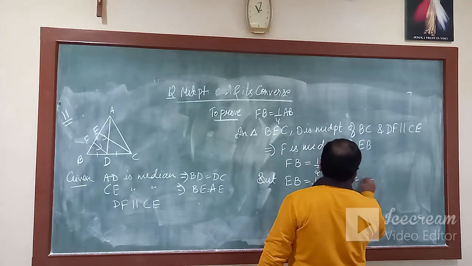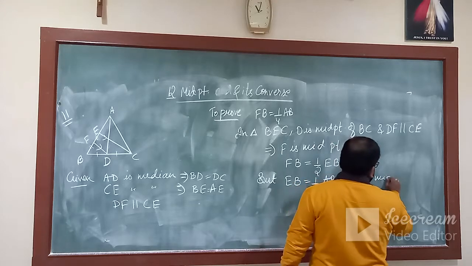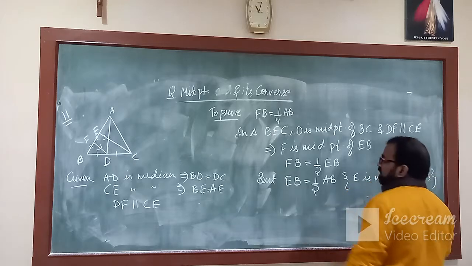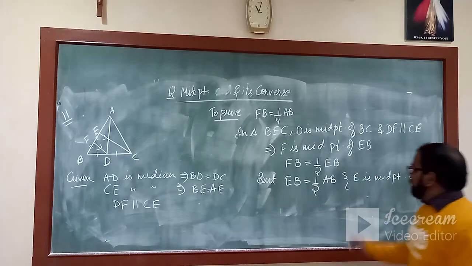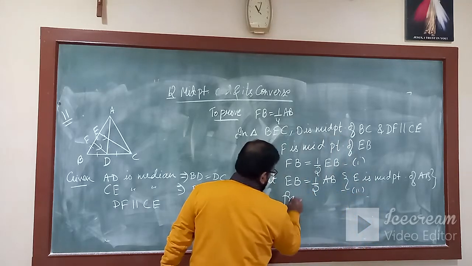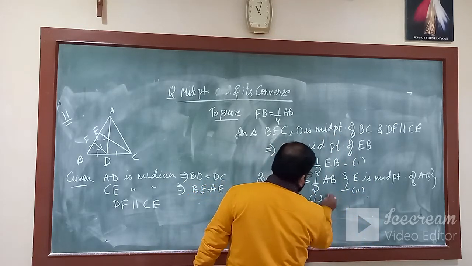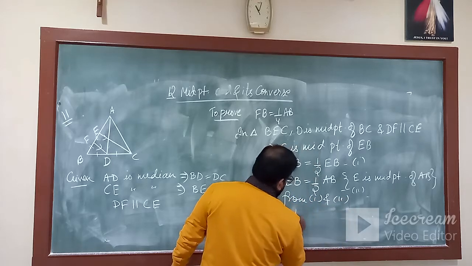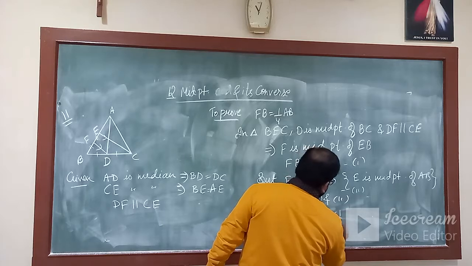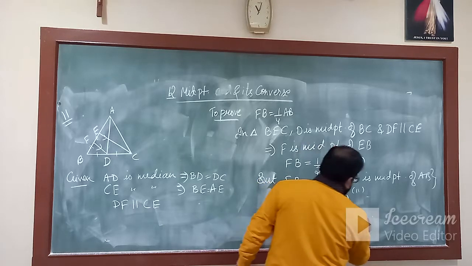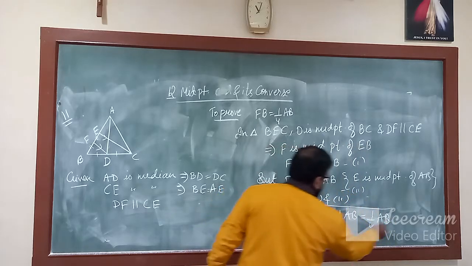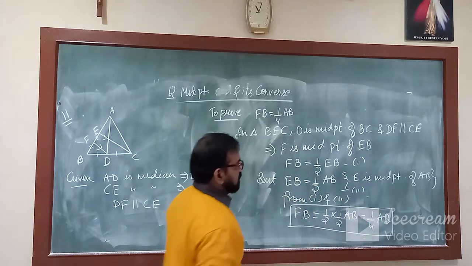Because E is midpoint of AB, because it is given that CE is the median. So let it be 1, let it be 2. So we can say that from 1 and 2, what is FB? FB is 1 by 2 of AB, that is 1 by 4 of AB. Okay, hence proved.